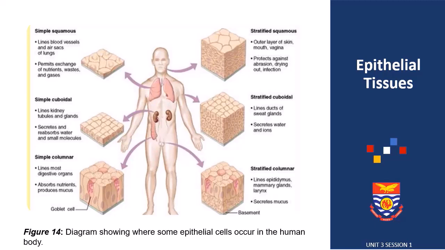And also based on this arrangement, the covering or the outer lining of the mouth, and that of some internal organs such as the small intestine, the kidney, the lungs, and all that have their unique epithelial tissues to perform specific functions as demonstrated in this particular diagram.